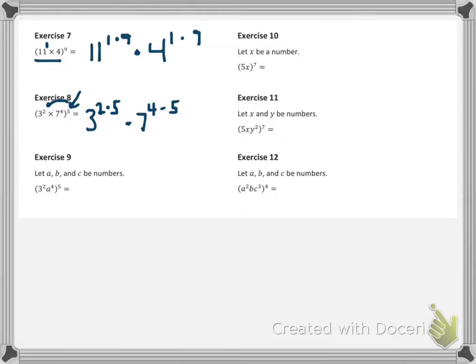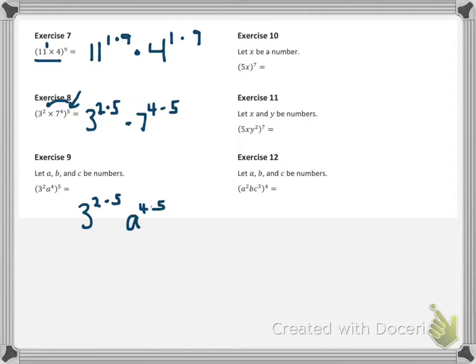We're raising an exponent to another exponent, so we multiply those exponents. Okay, on exercise 9, we have 3 to the 2 times 5 power, and then a to the 4 times 5 power. And those would be multiplied together. I don't need that multiplication symbol there because it's a variable.